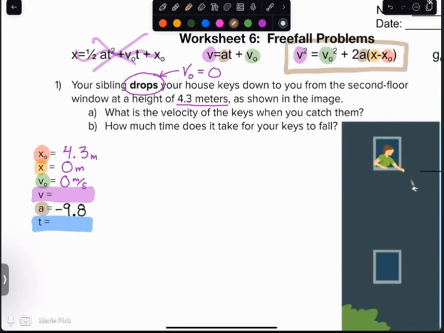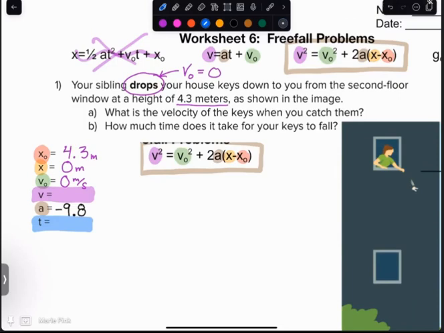So what I'm going to do is I'm going to use this equation. And I just need to plug in the numbers that I'm given. So this v squared, I don't know, so I'm going to leave it as v squared, equals v naught squared, that's my starting velocity. Well, that's this.